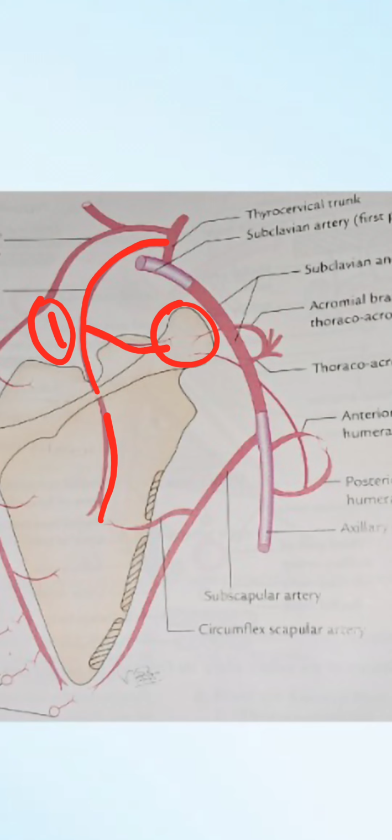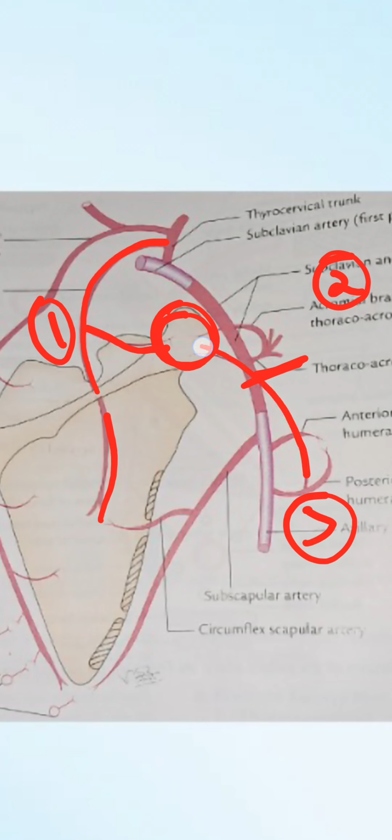And second, the acromial branch of the thoracoacromial artery gives a branch to the acromion process. And third, the posterior humeral artery gives an acromion branch. So these are the three arteries which are involved in the anastomosis around the acromion process of the scapula.